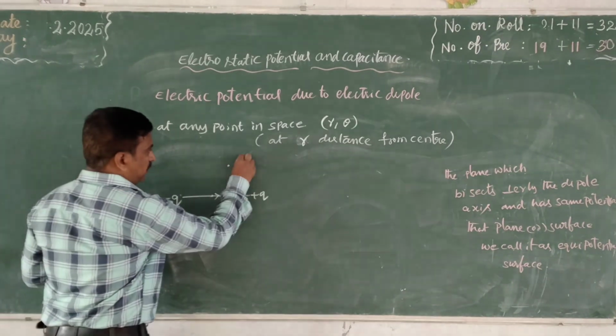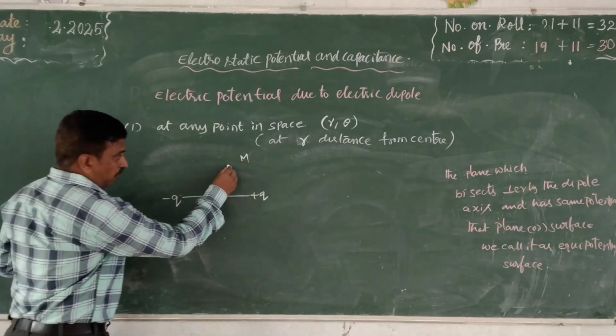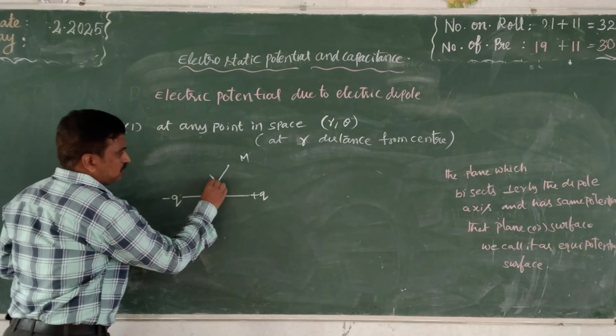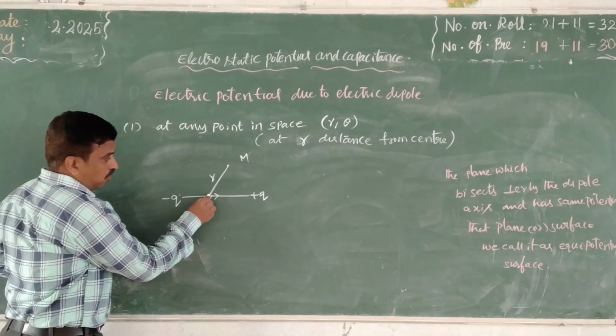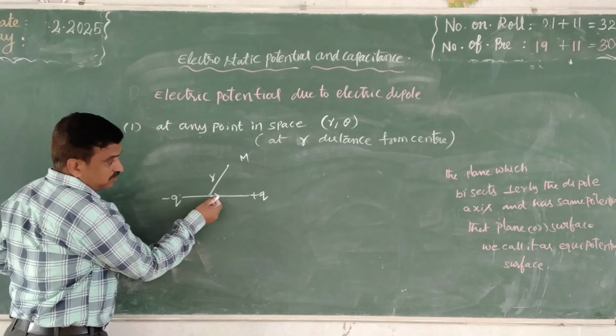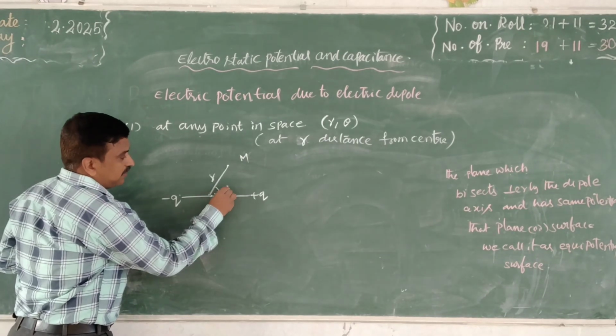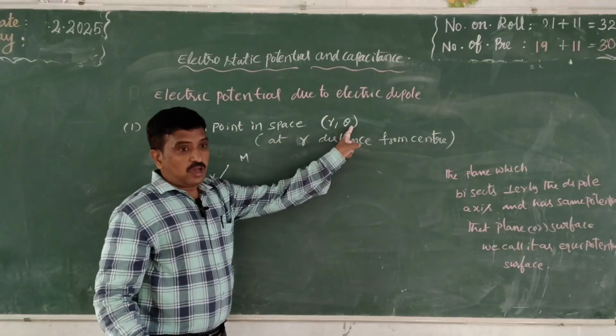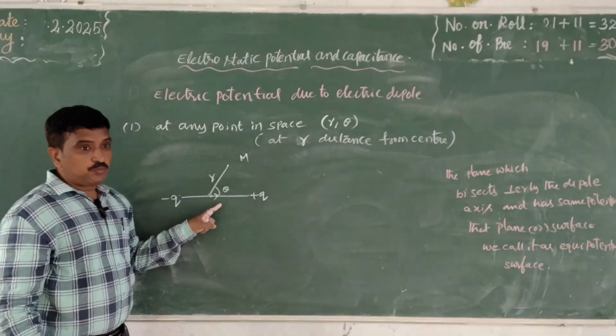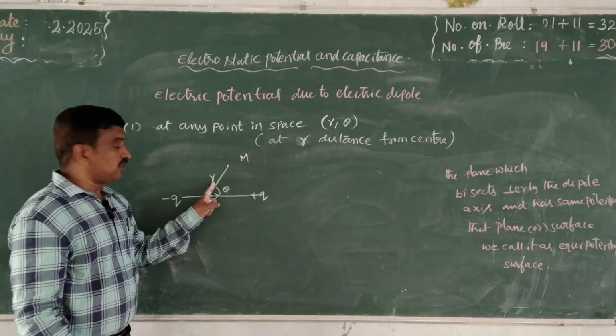This point we can take as point m. Here we can join, and this is the distance r. This r distance makes some angle with the dipole moment, so that is theta. Theta means the angle made by the direction of the electric dipole with the radius r.